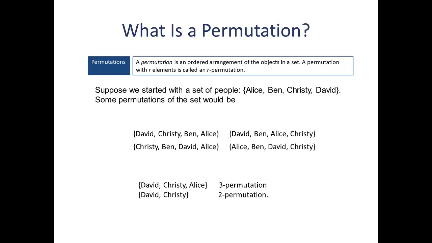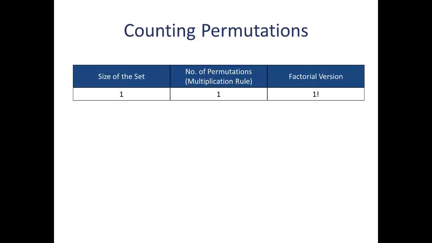Now, counting the number of permutations of a group of objects is just an application of the multiplication rule. To see this and to help us spot the pattern that's going to lead us to a general formula, I'm going to write out the permutations of some sets based on their size, organized into this table here.